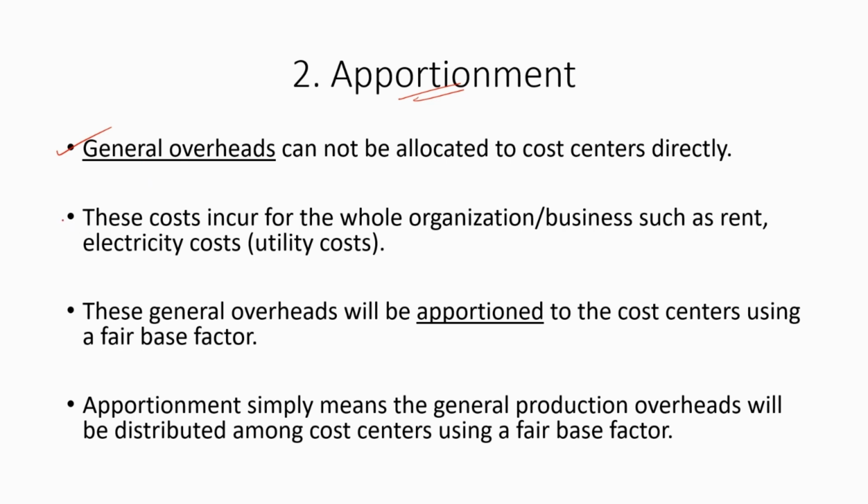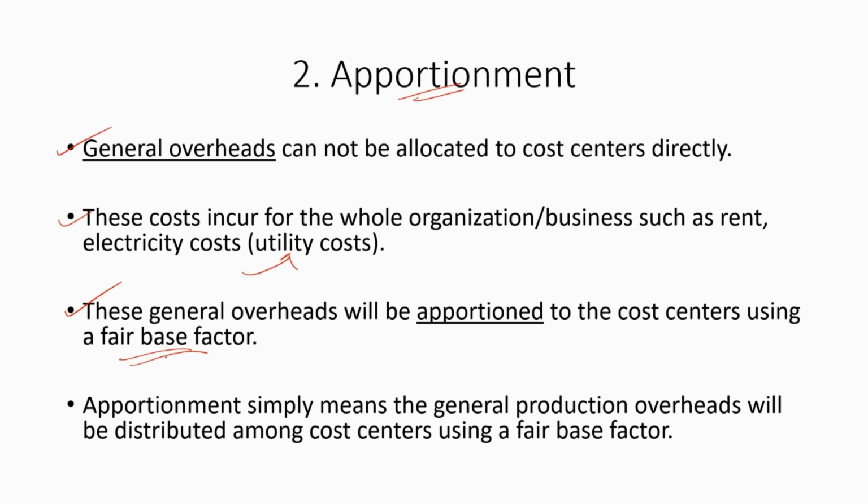Now we know this. These costs incur for the whole organization or for the whole business, such as rent, electricity costs, most commonly utilities bills. These are general overheads. These general overheads will be apportioned to the cost centers using a fair base factor. This is important.